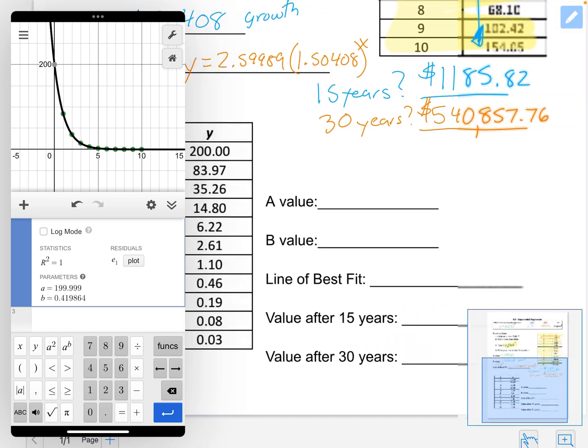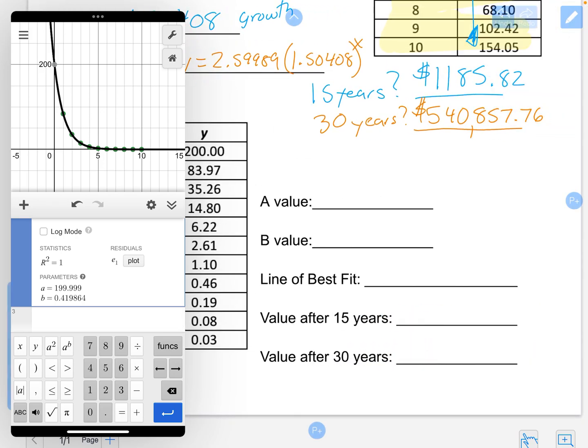That's going to give us our A value, 199.999, and our B value. We noticed that it was decaying, so it should be less than 1, which it is: 0.419864.